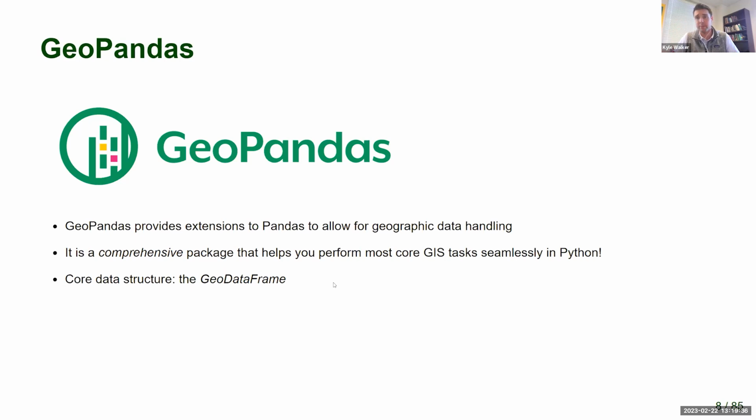For those of you coming from R, I can see a number of you are coming from the R side, the core data structure in R, the data frame, Pandas implements a form of the data frame called a DataFrame in Python. GeoPandas, then, you can think of as analogous to the sf package in R. It provides geographic extensions to Pandas.